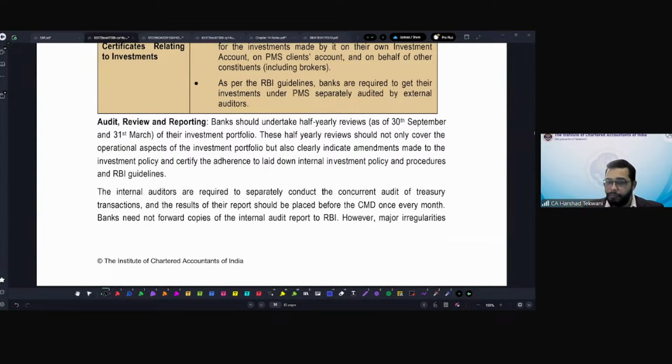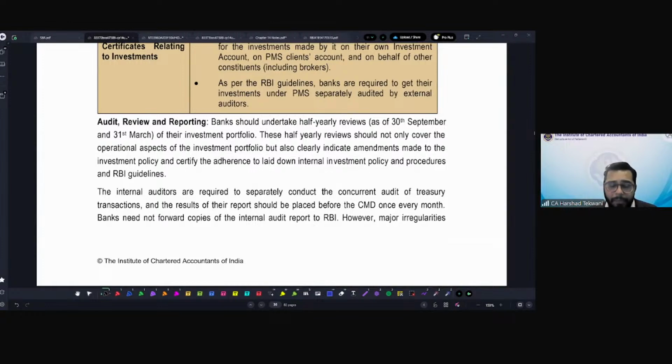Any doubt? Any doubt with respect to investments? See, once you read the chapter along with this, once you have the understanding from today, and after that you read the chapter, you will come to know that what we discuss in this chapter was also discussed in the lecture, and this is how it is required to be done.